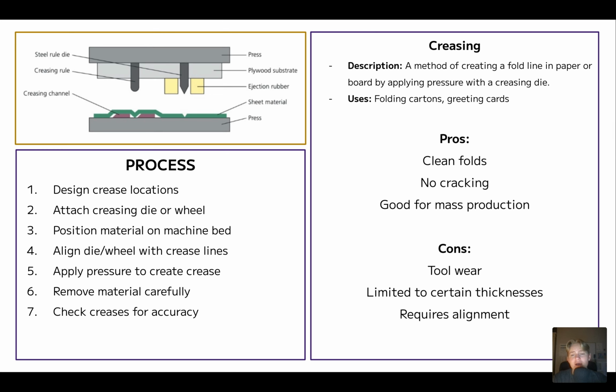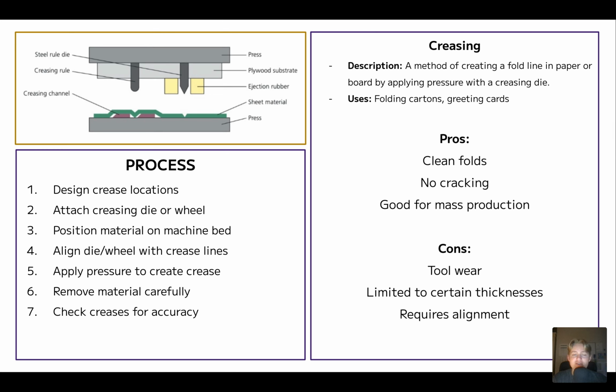Also, you're limited to certain thicknesses with how you can crease things in this particular way. It also requires alignment, so you have to align the material with the creasing die very accurately, which can sometimes be difficult. Think about, again, the greeting card analogy. If you had a line on your greeting card that wasn't straight, that would be a big issue.